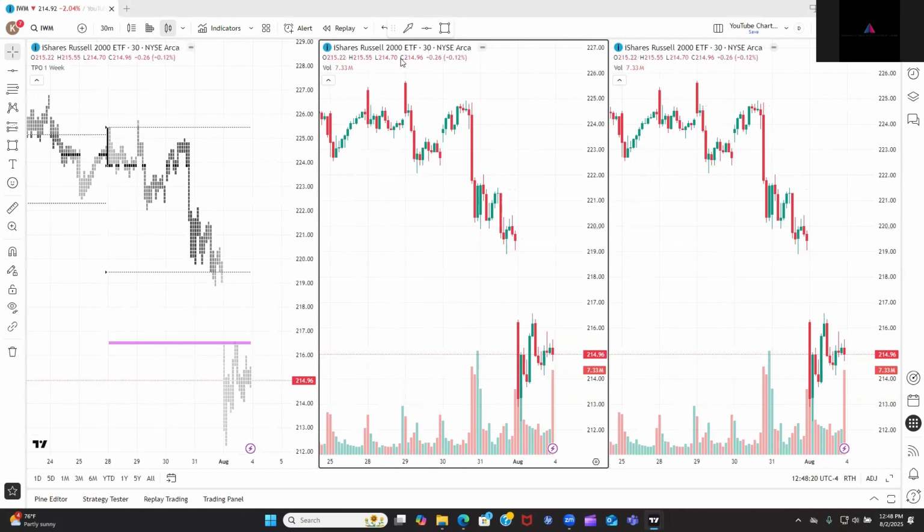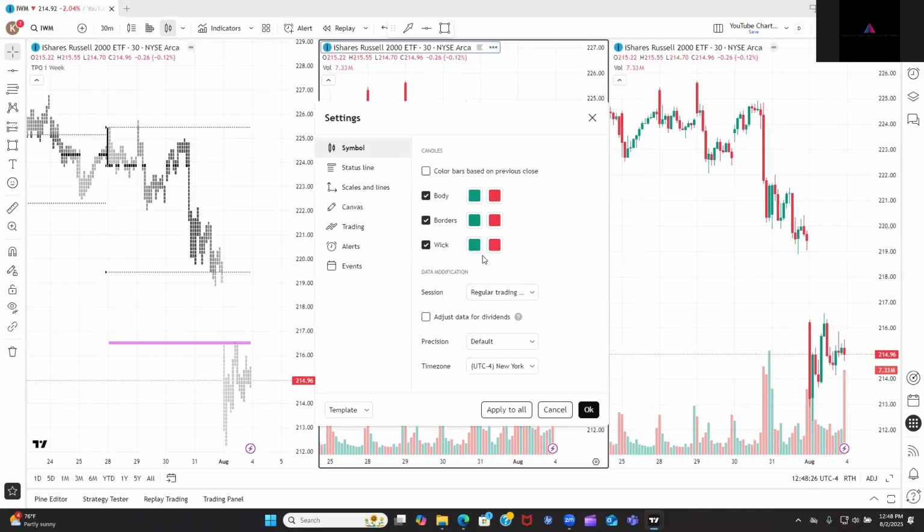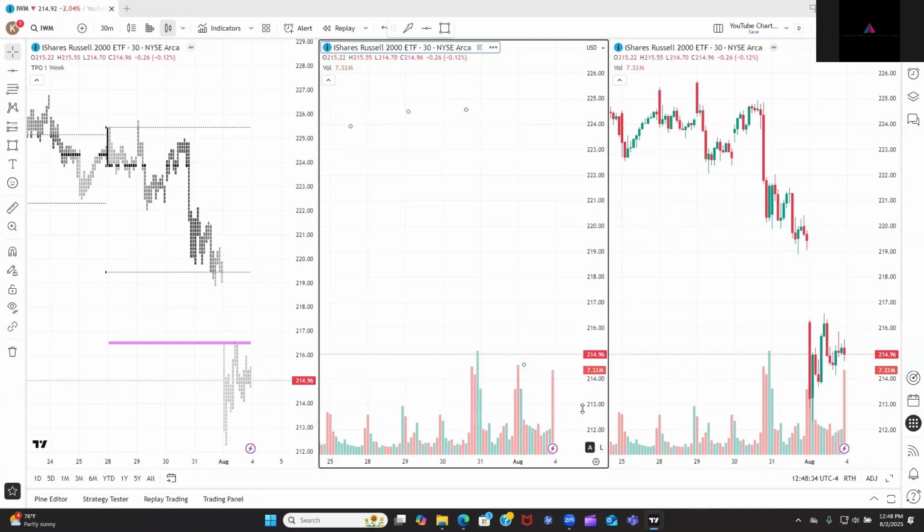And I just go back to the ticker, go to more, settings, and I don't want to use standard candlesticks. So I just uncheck the body, border, and wicks. Hit OK. Next, I want to remove volume. Again, you can either delete it or you can choose to just hide it. Your choice.